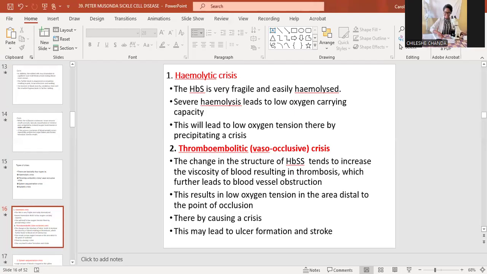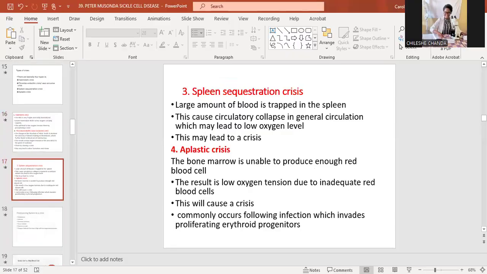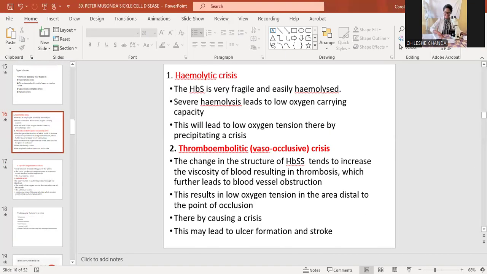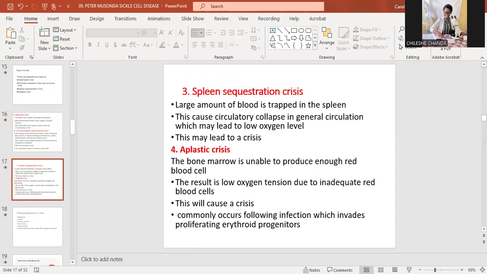And so you find that the patient will end up going into a crisis. Now, if this is not controlled, or if it happens frequently, you find the patient is going to have ulcer formations, and the patient may go into a stroke if the blood vessels involved are taking blood to any portion of the brain.